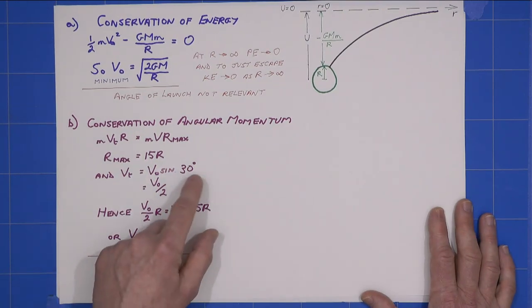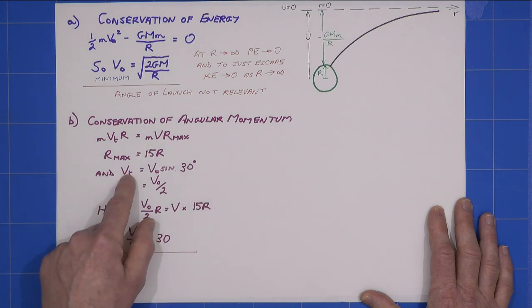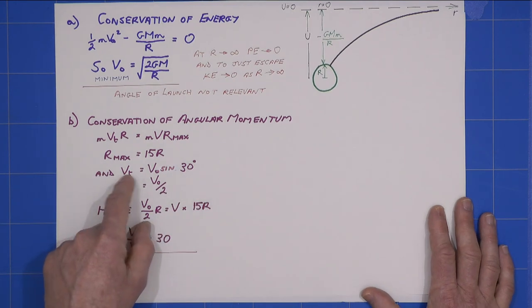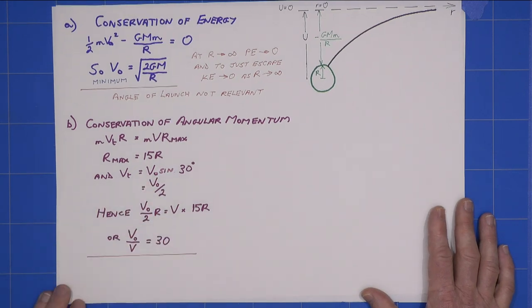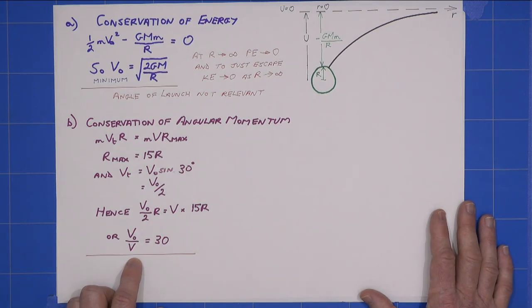We're told that the angle of launch is 30 degrees, so v tangential will be v0 sine 30, or v0 over 2, hence v0 over v, the ratio, is 30.